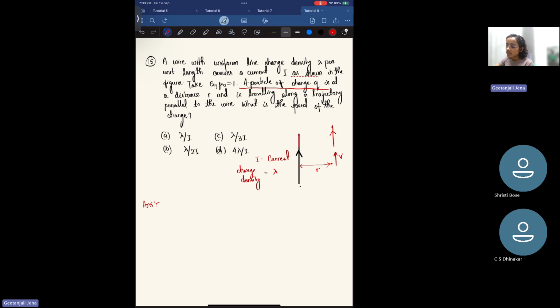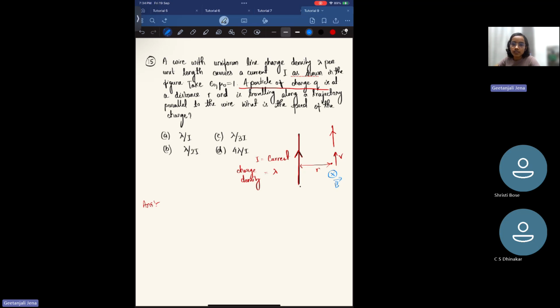Because of this long wire, there will be a magnetic field created at a distance r, and the direction is pointing into the page. Because of the magnetic field B, the particle will experience a force. What is the direction of this force?